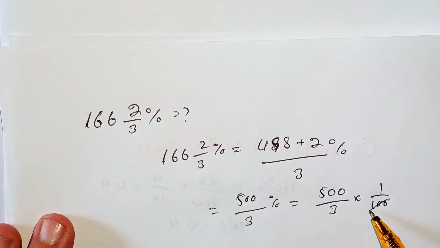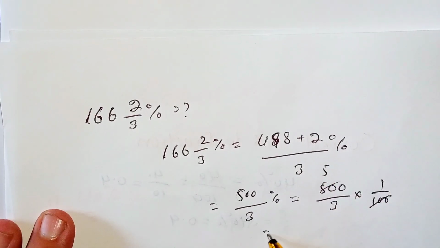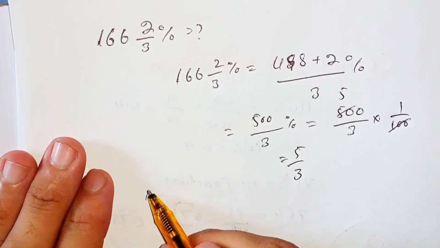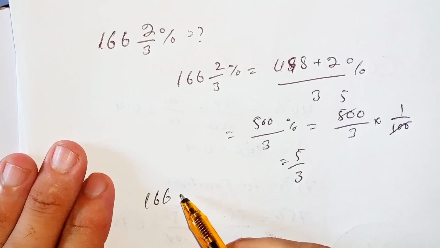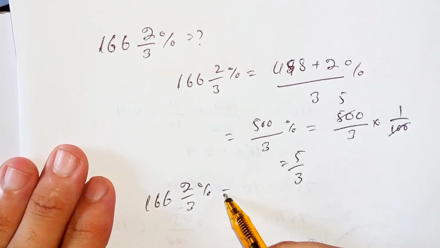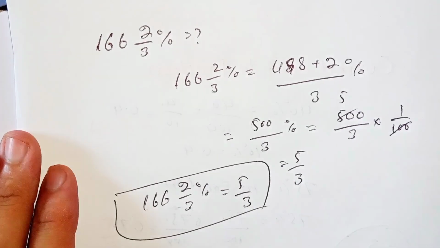So cancel this 100 with this 100, which is equal to 5 over 3. So 166 whole 2 over 3% is equal to 5 over 3. That is the final answer.